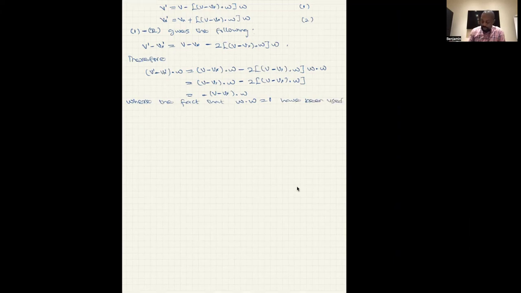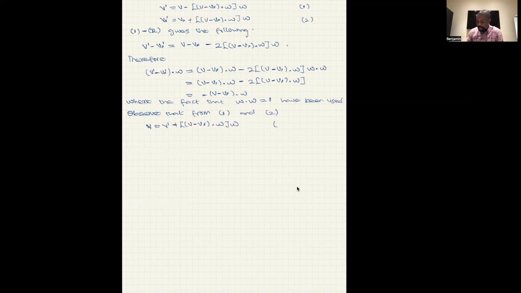Now observe that from equations 1 and 2, V is equal to V prime plus V minus V star dot omega times omega.